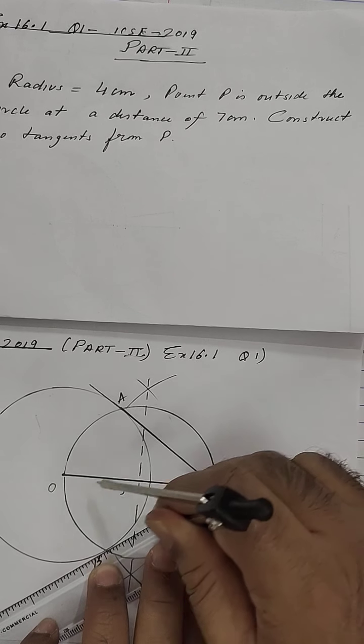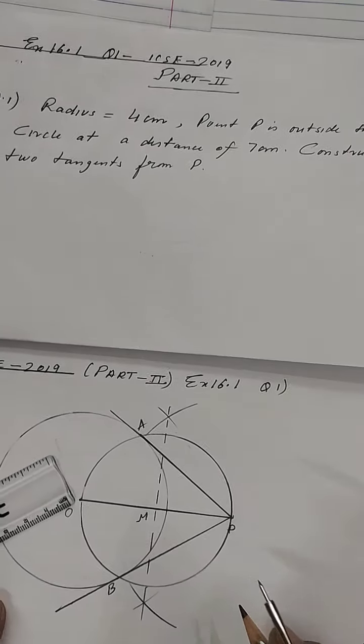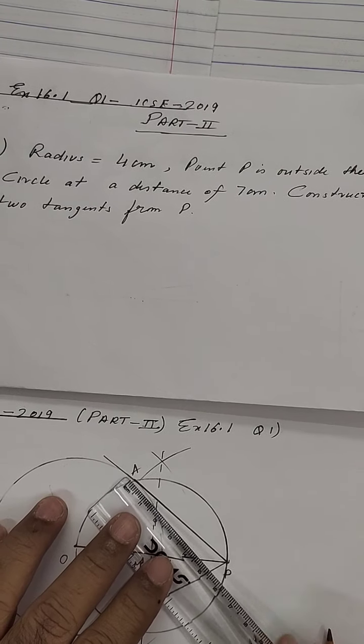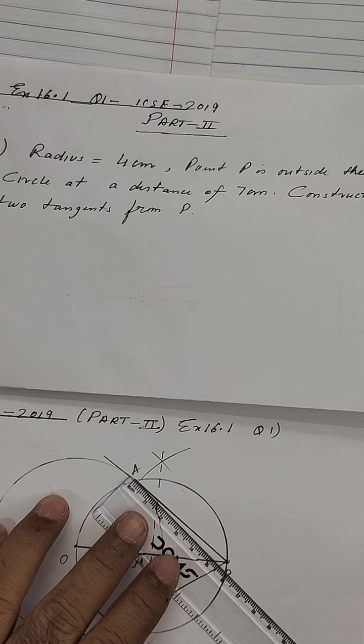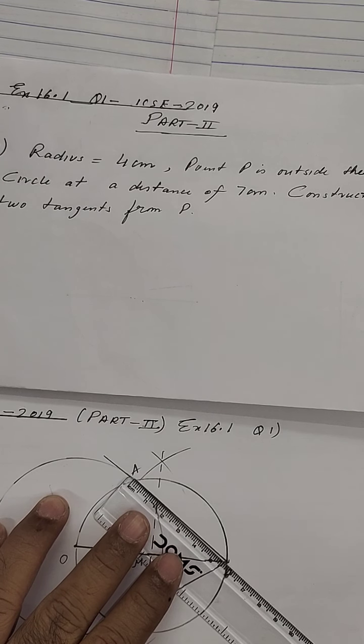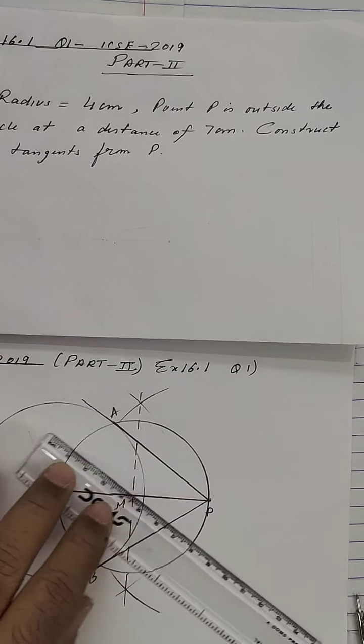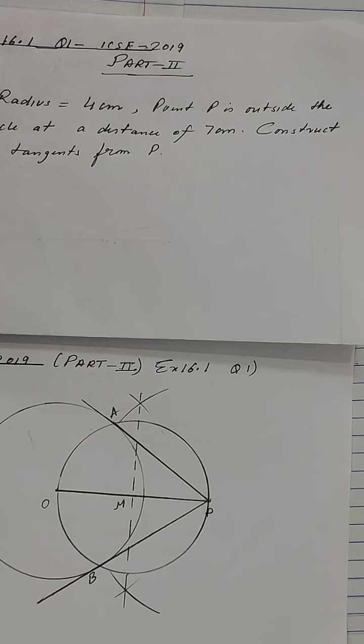They are equal tangents, children. Now the last thing is that you have to measure the distance. If you see the distance, it is roughly 5.7.